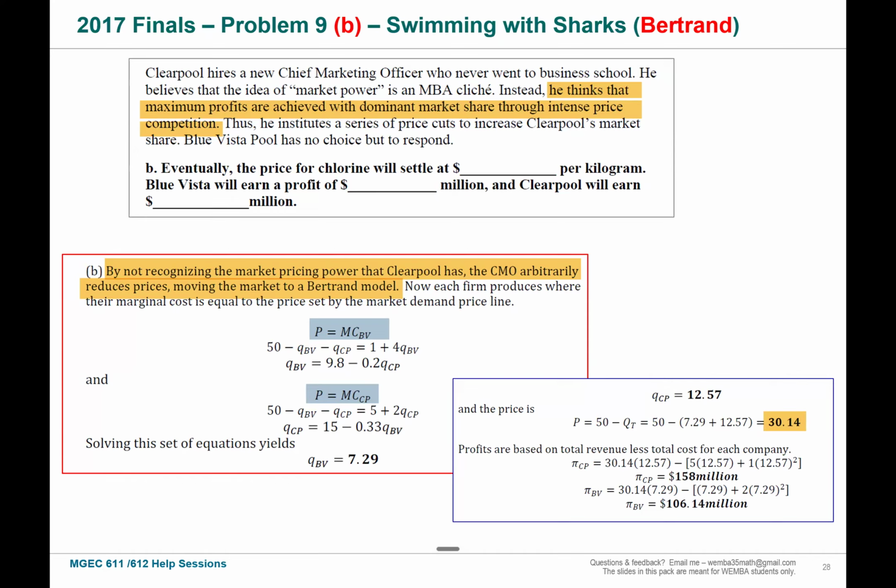I know what you're saying. You're saying that, hey, look, I thought Bertrand was simultaneous decision making, competing on price. But here it seems like it's sequential decision making. The first guy makes a price cut, and then the other guy responds.